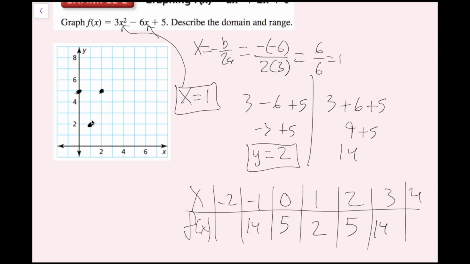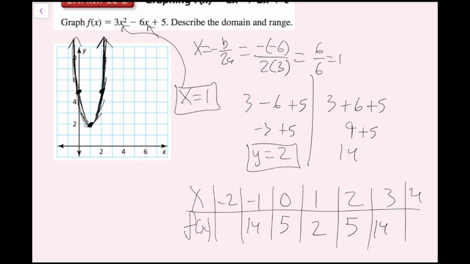Now I'm going to draw my smooth curve as best as I can through this. Anyway, I've successfully sketched my parabola.